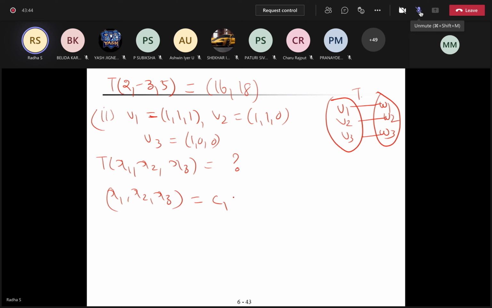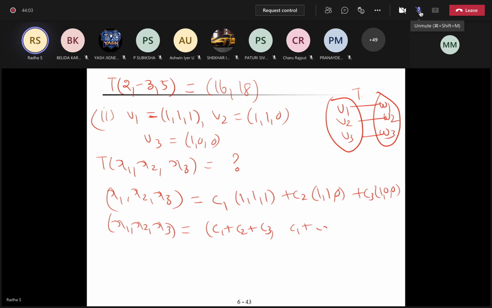I'll take c1 times (1, 1, 1) plus c2 times (1, 1, 0) plus c3 times (1, 0, 0). So equate (x1, x2, x3) to (c1 + c2 + c3, c1 + c2, c1). Can you equate now so that you can find c1, c2, c3?